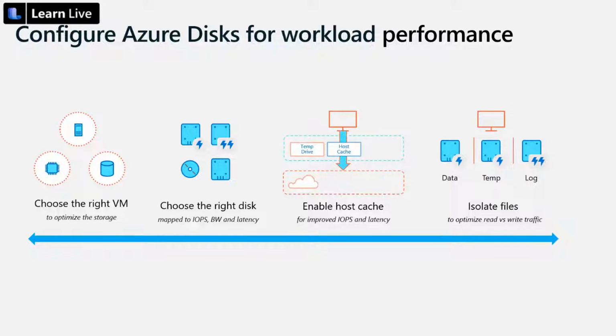So if you need the highest throughput possible for your application, you want to make sure that you've chosen a VM SKU that can map to the underlying disk capabilities. All of this information is public on our learn.microsoft.com documents for the virtual machines and the VM disks. So just make sure you have a good pairing there.